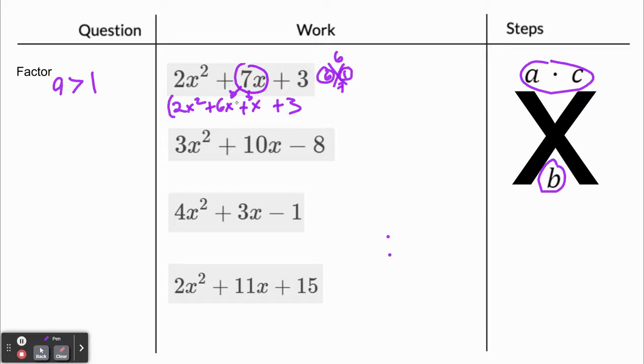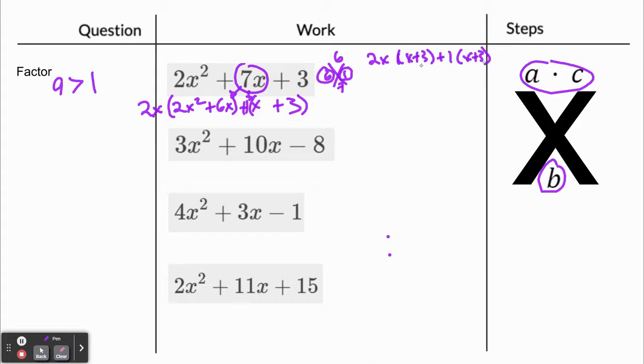Now, once I have it in this form, I know I can factor it with grouping. So I take the greatest common factor of this here, which becomes 2x on the outside. Greatest common factor of this one here, there is no real factor, so I'm going to factor out a 1. So what that leaves us with is 2x times x plus 3, plus 1 times x plus 3.